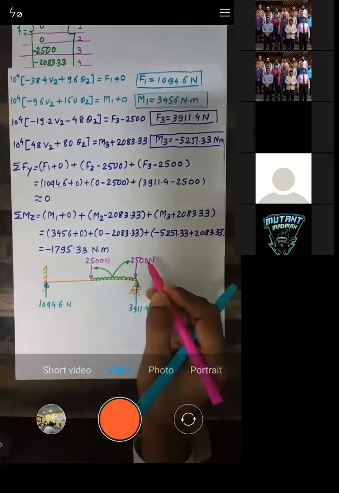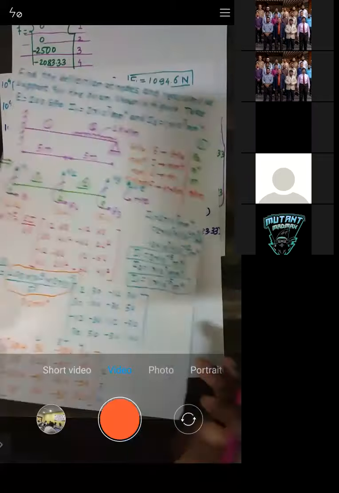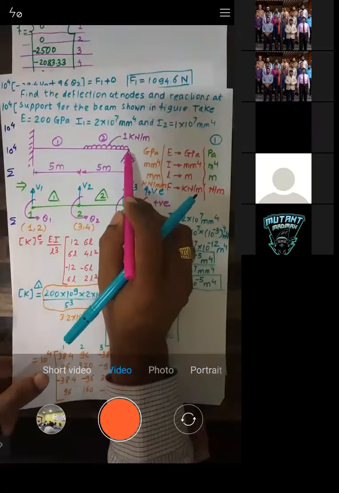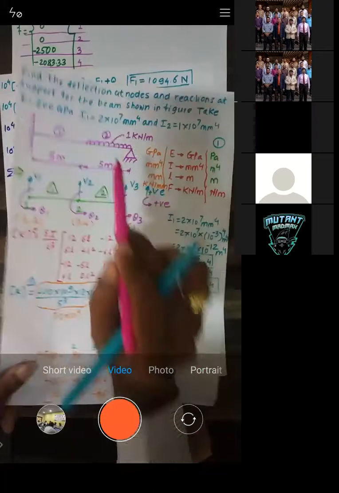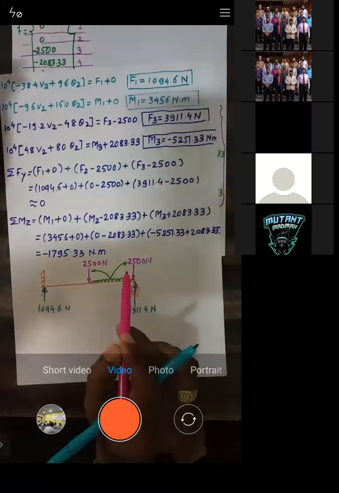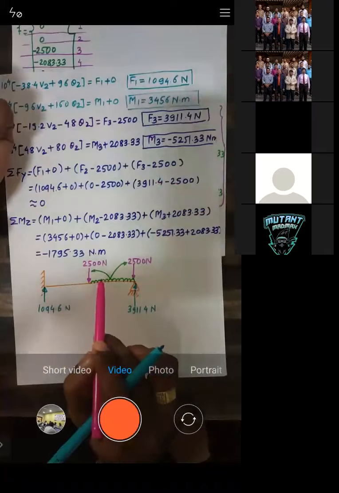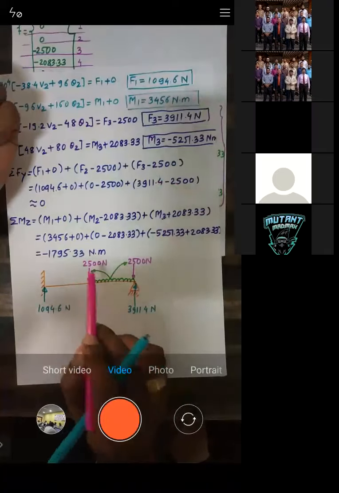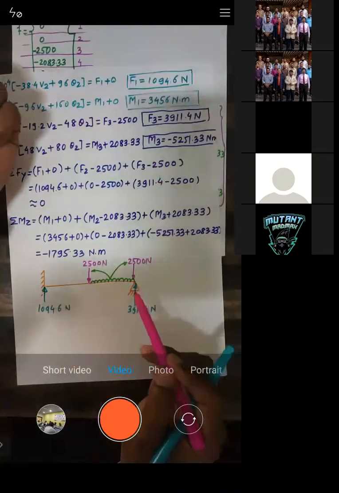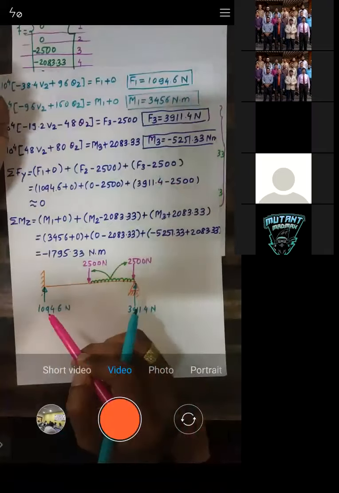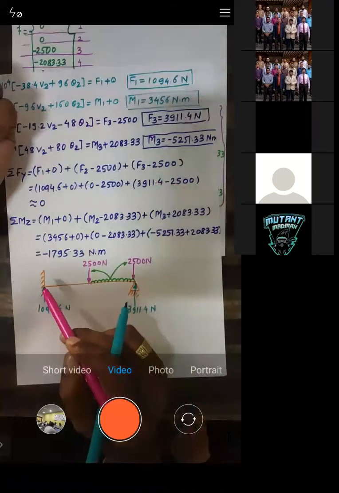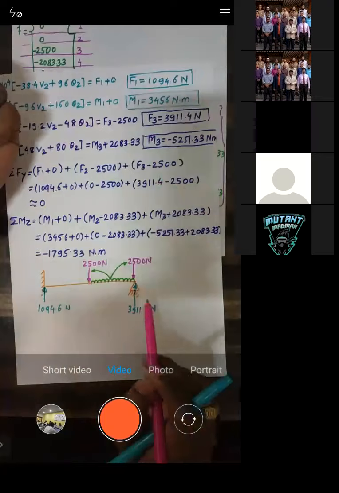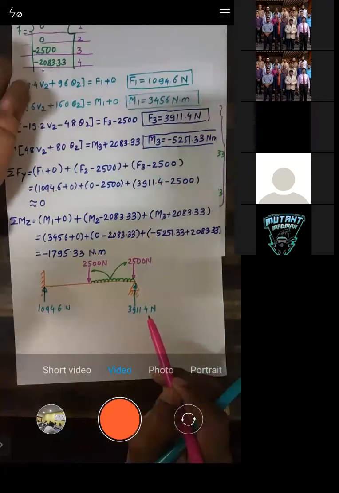See, try to understand the problem. In this problem, only the uniformly distributed load was required. So we have converted this uniformly distributed load into a point load. On every node, how much will go? 2500 and 2500. In order to balance this 5000, at node 1, 1094.6 was generated, and at node 3, 3911.4 was generated.